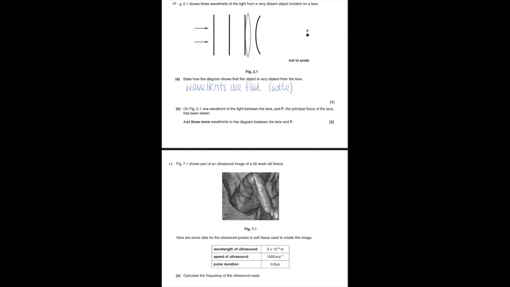And then add 3 more wavefronts to the diagram between the lens and F. There are always 2 things you have to get right with these sorts of questions when they are 2 marks. The first is that they must be converging. You've got to have this idea that the lens has added curvature and therefore they are converging onto the focal point. The second thing is that you have to acknowledge there is no change in wavelength, and you need to do this carefully.